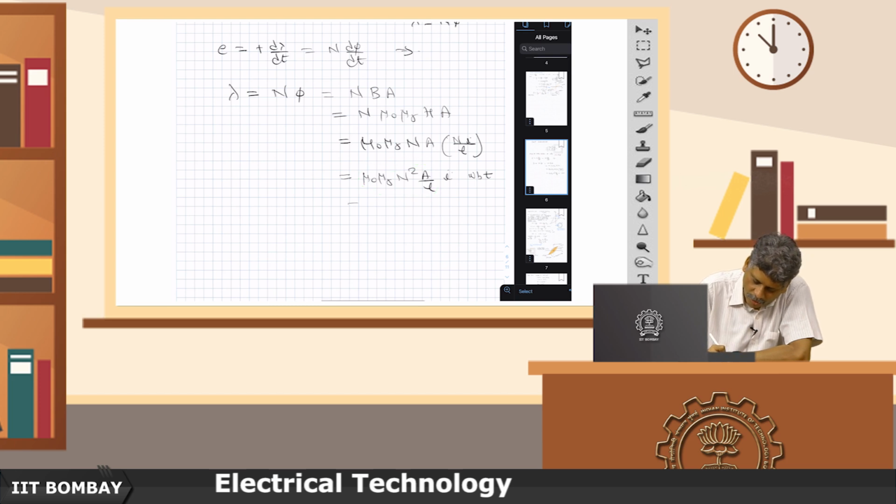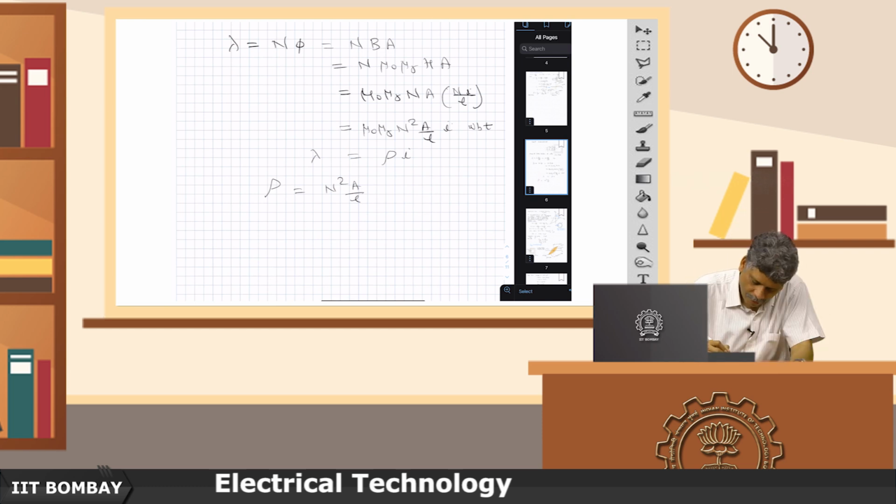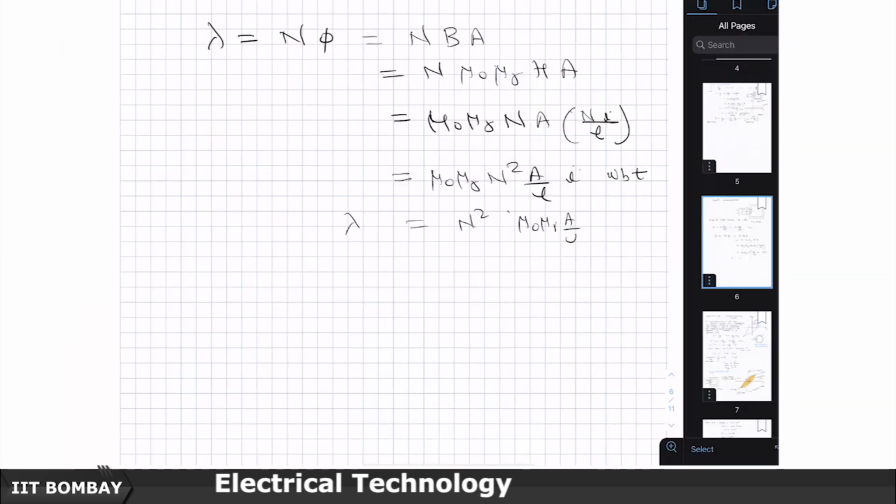So, this whole thing can be called as a permeance P, which is a constant, and where the permeance P is n square A by L, and so this can be written as n square mu 0 mu r A by L times of I, and this only depends upon the geometry of the magnetic circuit, nothing to do with the coil.